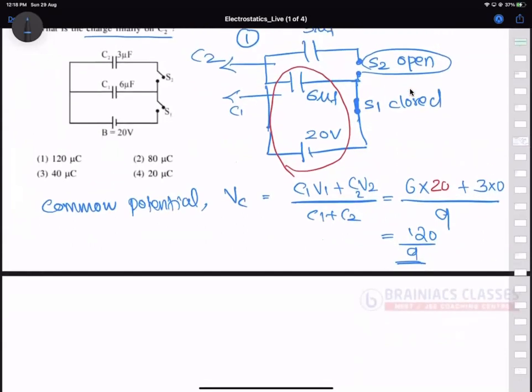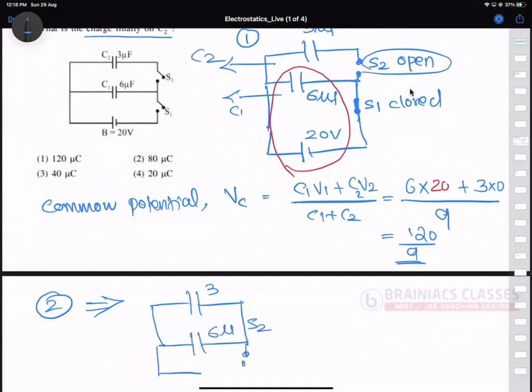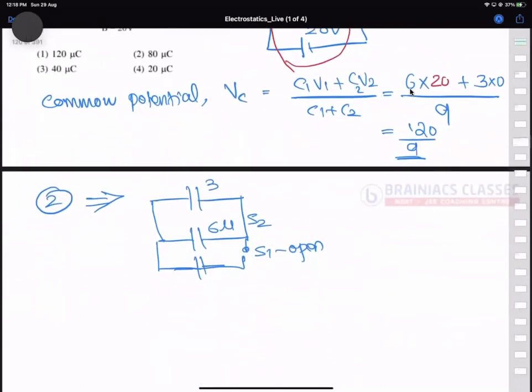After the first scenario, the second scenario has the 3 microfarad capacitor with switch S2 closed, and the 6 microfarad capacitor. S1 is opened. Here we have the battery connection as well. So S1 open, what will the situation be?